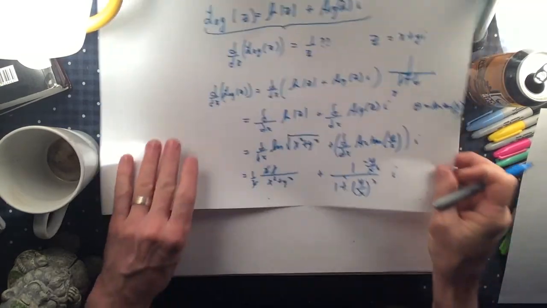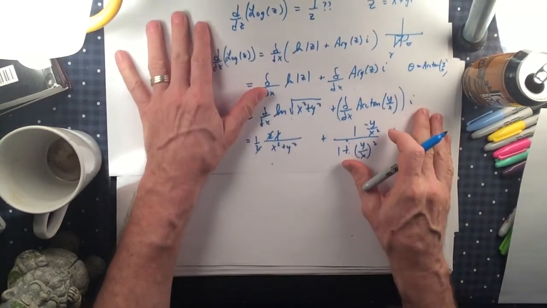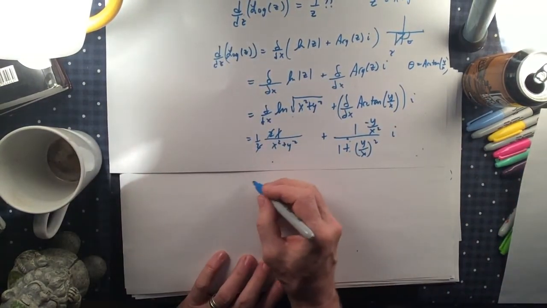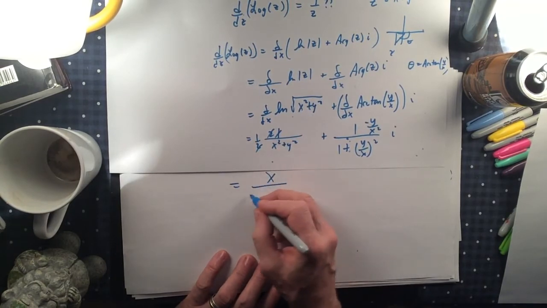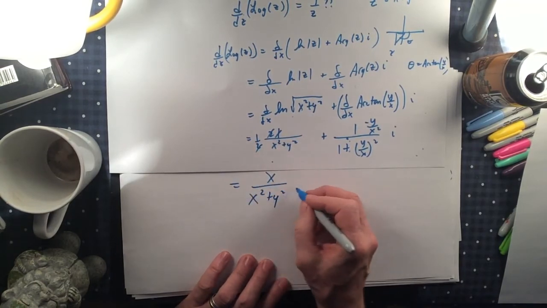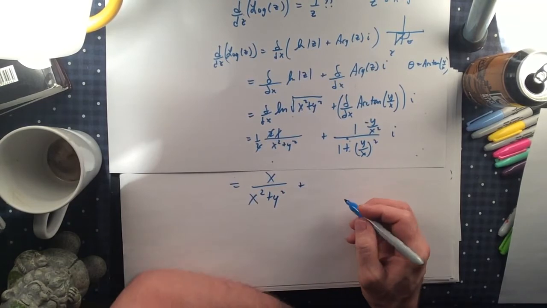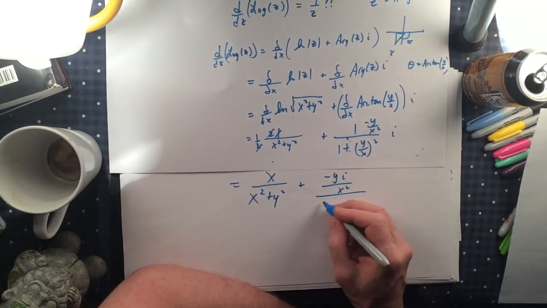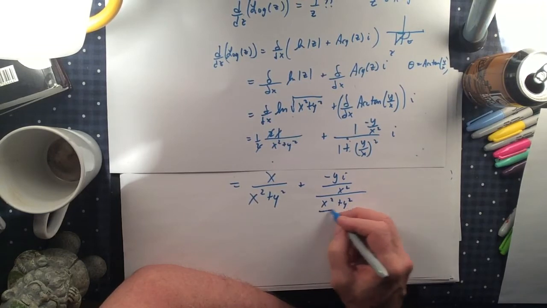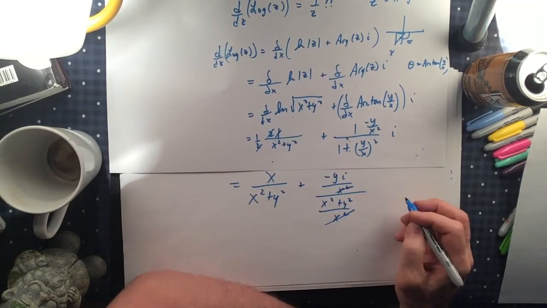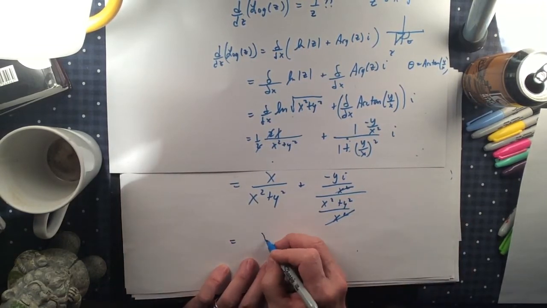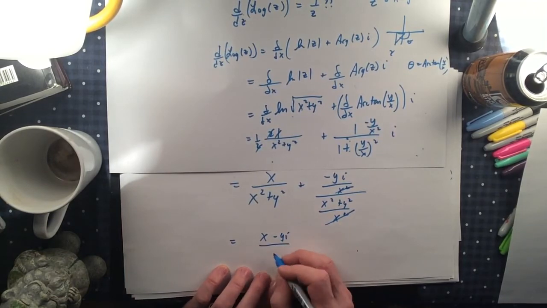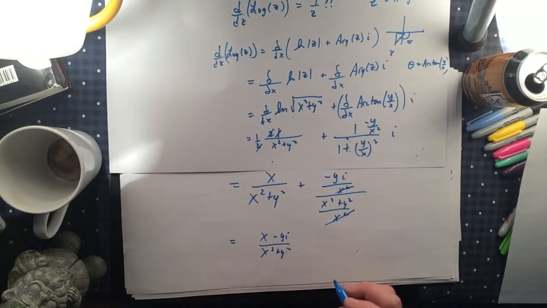Now, this looks slightly onerous, but it's actually not, because this reads x over x squared plus y squared plus minus yi over x squared plus y squared over x squared, which reads x minus yi over x squared plus y squared.